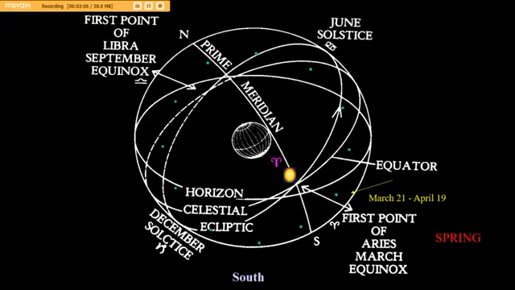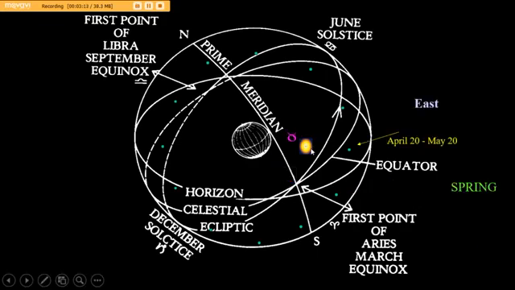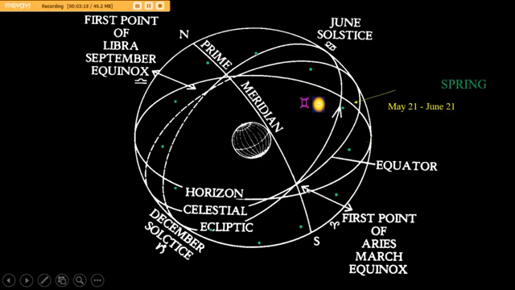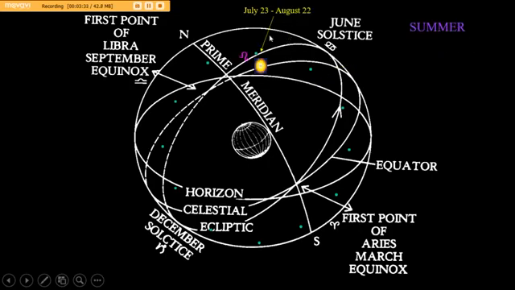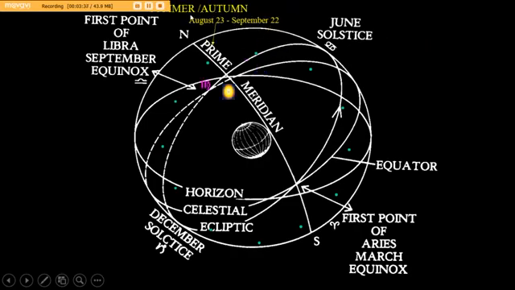Okay, now we first view March 21st to April 19th as spring, and then it moves into Taurus, which is still spring, April 20th through May 20th, as it moves along the ecliptic. Now it's in Gemini, and now it's in the summer as it reaches its top, and then it goes into the next part of summer, and then it circulates into summer-autumn, which is Virgo.